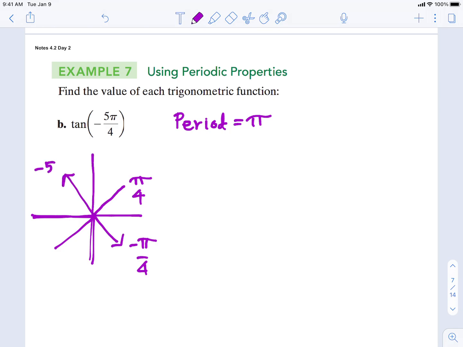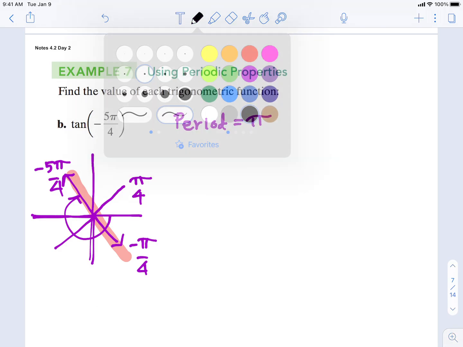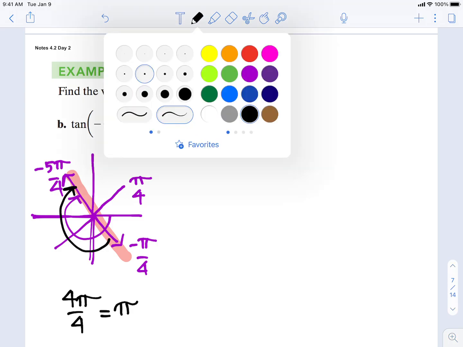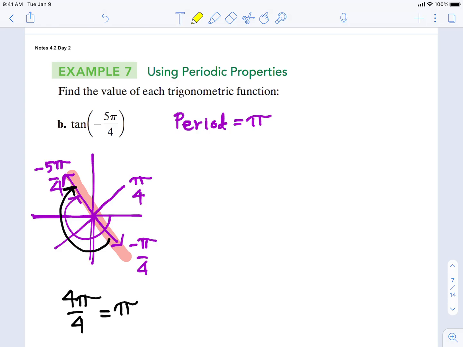So here would be negative 5 pi over 4. These two angles right here directly across are a distance of 4 pi over 4 or pi. So this is one revolution, one period from here to here.